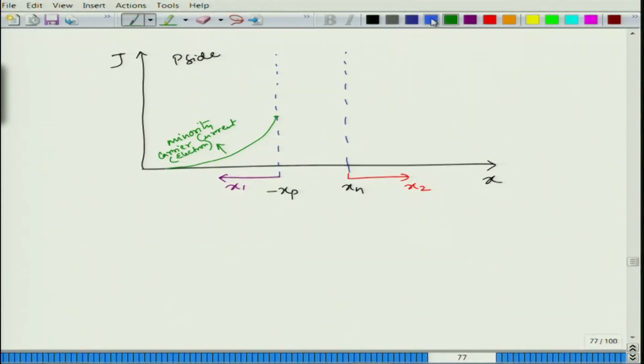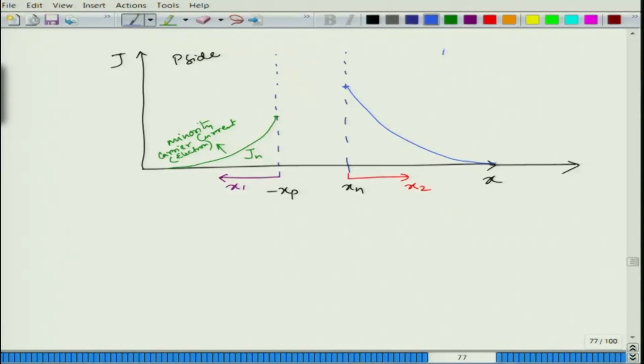What can you write then? You can write it to be J n, right, and on the n side you will have some other value, let us say this, and you will have the same thing. Again it will go to 0 as you go deep into the quasi neutral region.